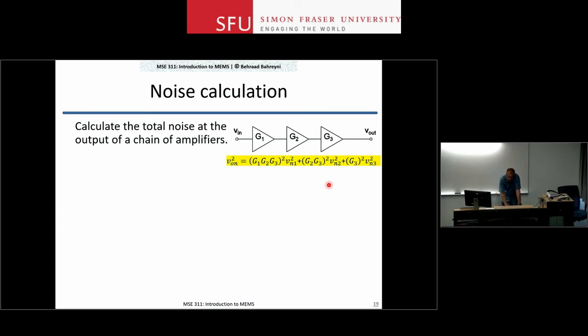What you will see is that the total noise at the output is going to be the gain of the 3 amplifiers times the noise of the first one, the gain of the last 2 amplifiers times the noise of the second one, and the gain of the third amplifier times the noise of that amplifier. All these gains are usually much larger than 1. So what it immediately tells you is that the total noise at the output is dominated by the noise of the first stage.